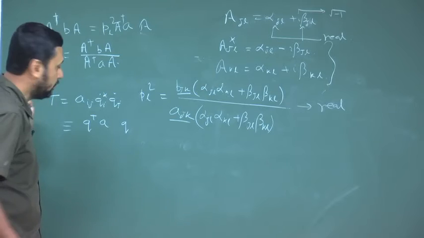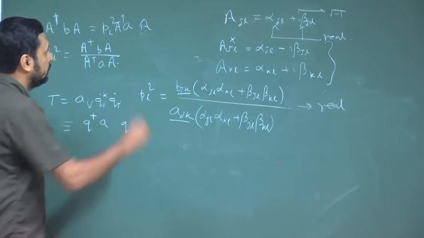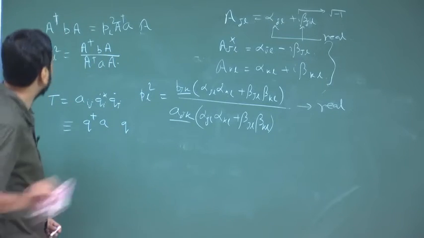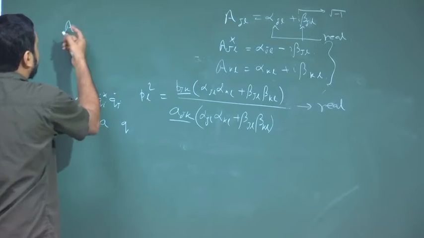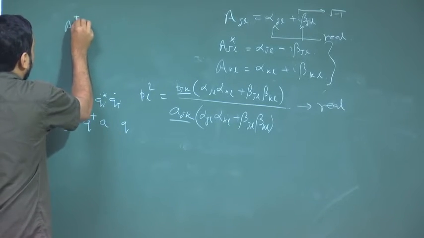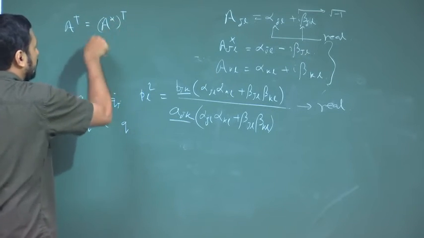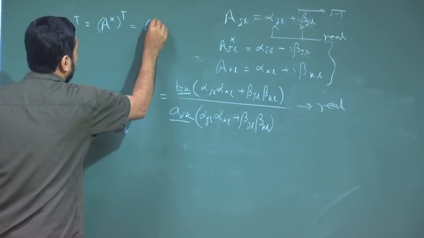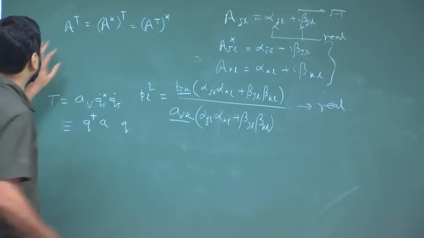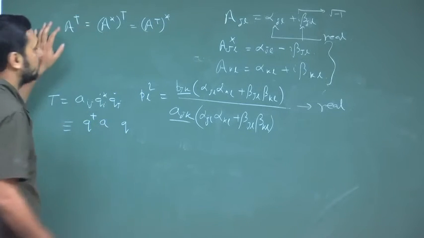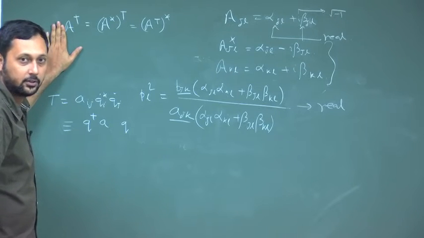Right now we are putting a dagger, that means transpose conjugate. If you recall, for some matrix A, A dagger is the transpose of the conjugate matrix. So, this is the dagger operation. I am pretty sure you are familiar with it. It is used a lot in quantum mechanics, and is one of the most well known Hermitian operations.